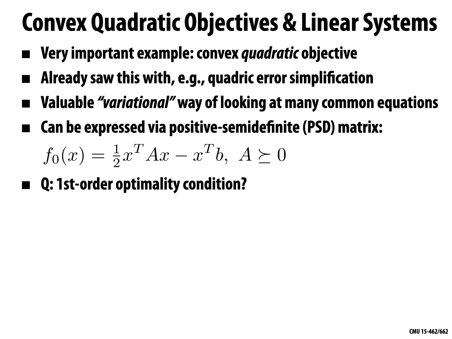Putting that all together, we get a first order optimality condition of Ax equals b. So that's interesting. If I'm ever solving a linear system involving a positive semi-definite matrix A, I could also think about that as minimizing this quadratic function, as trying to find the bottom of a bowl-shaped function.